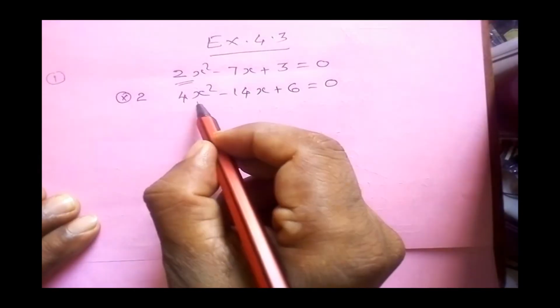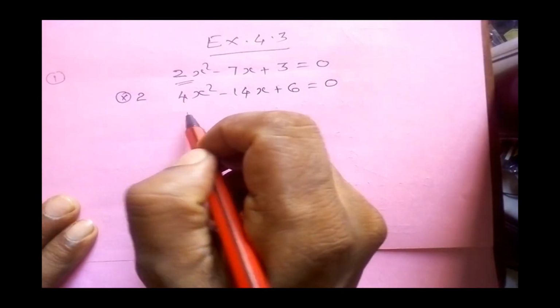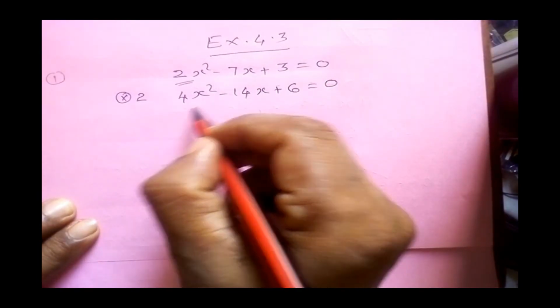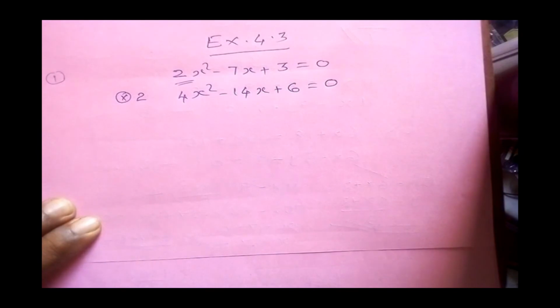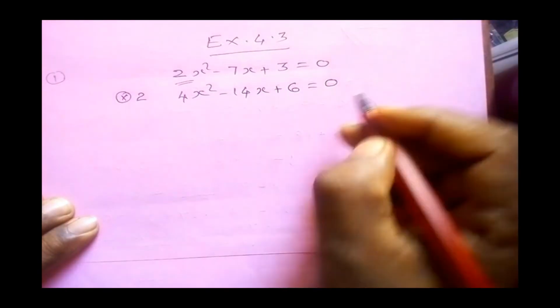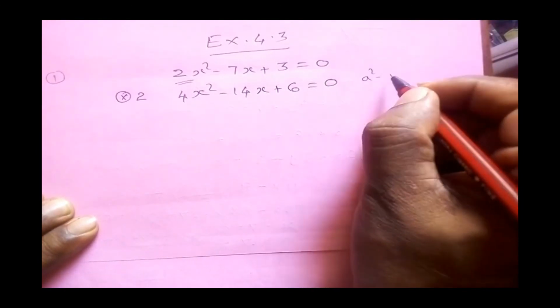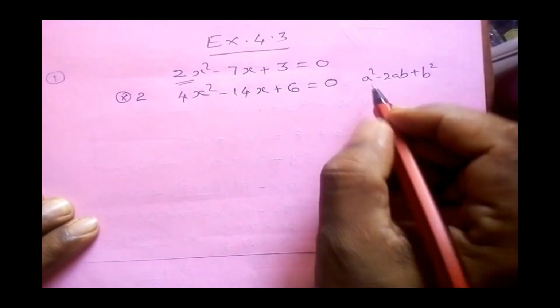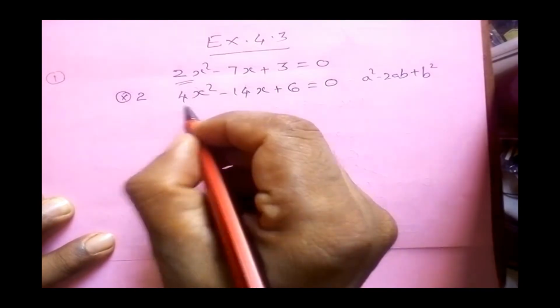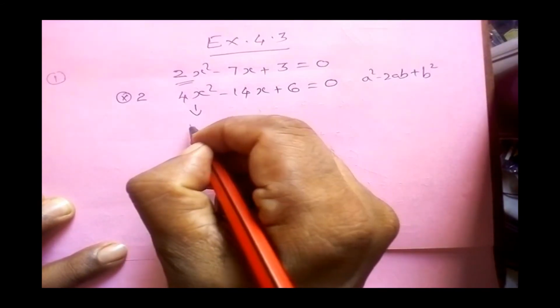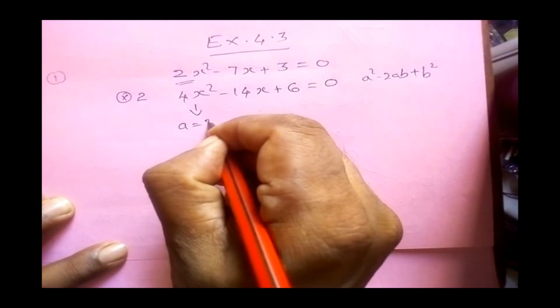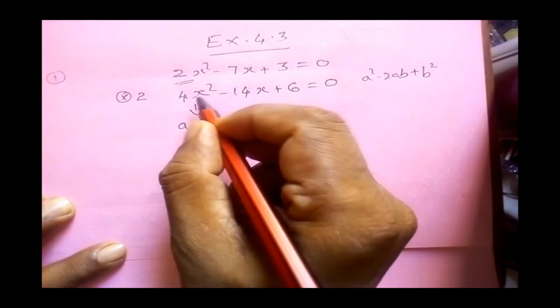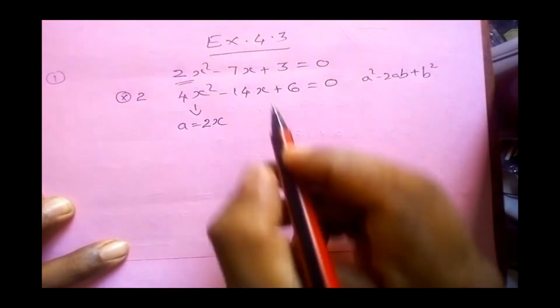So this is the first step we are doing, so that our first term has become a perfect square. Now this is of the form a square minus 2ab plus b square. So what is 2ab here? Before that, what is the value of a here? a is equal to 2x, so that a square is equal to 4x square.